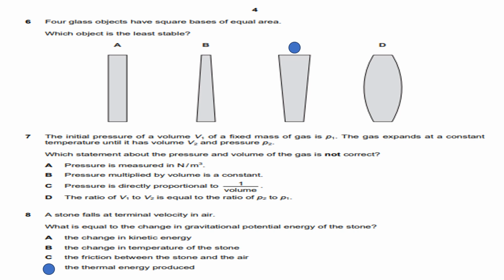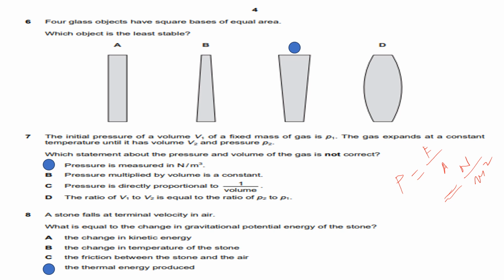So pressure P is force per unit area. So the unit of force is Newton and the area unit is meter square. So pressure is measured in Newton per meter cube. So this result is not correct.